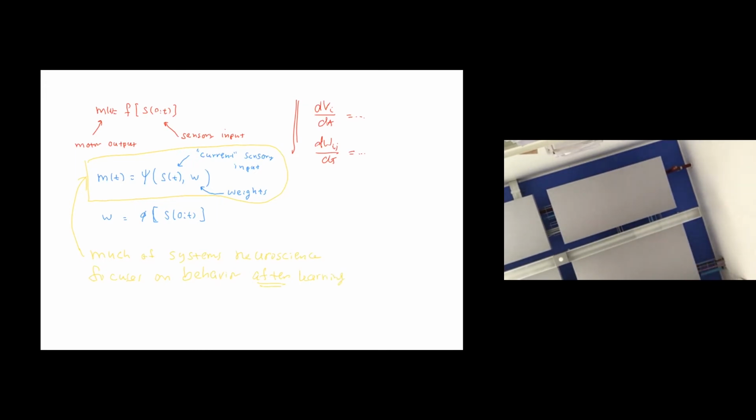They think of the weights as being frozen. They ask, how is it done? How is this current sensory input translated to motor output? And it seems like an easier question. I'm going to argue it's probably a bad idea, but it's almost by definition easier. Now, of course, we don't have to do this all in one step.